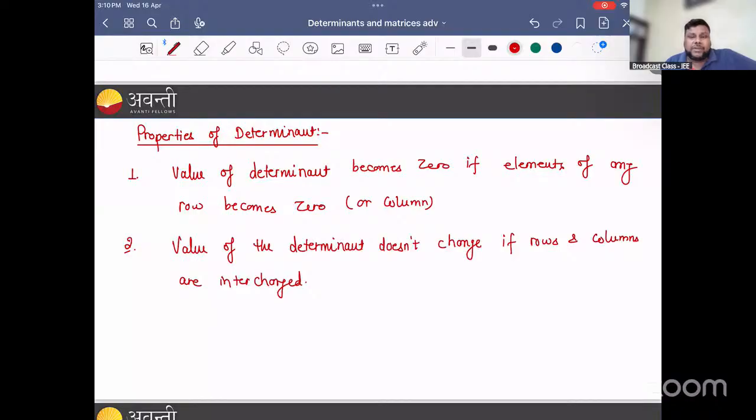Value of the determinant does not change if rows or columns are interchanged. Means what? Like what happens in matrices, if I change the rows of the columns, I get the transpose of the matrix. Remember that? But the value of that determinant won't change.